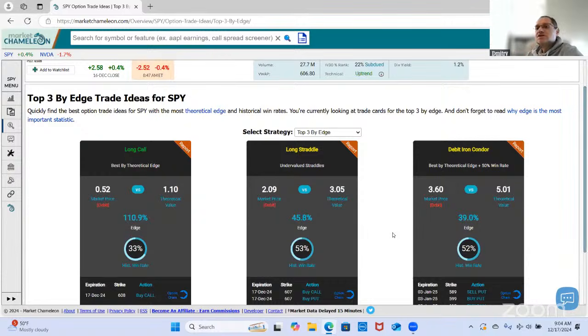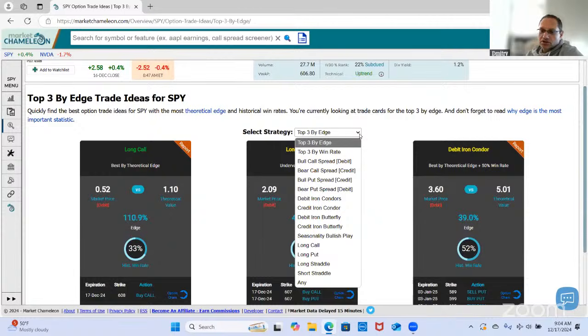So if it meets these conditions, it'll produce a trade idea card in different strategies. Here it shows you just the top three selected by theoretical edge. But if you click on that selection item, you could see that there are different types of strategies you could select from.